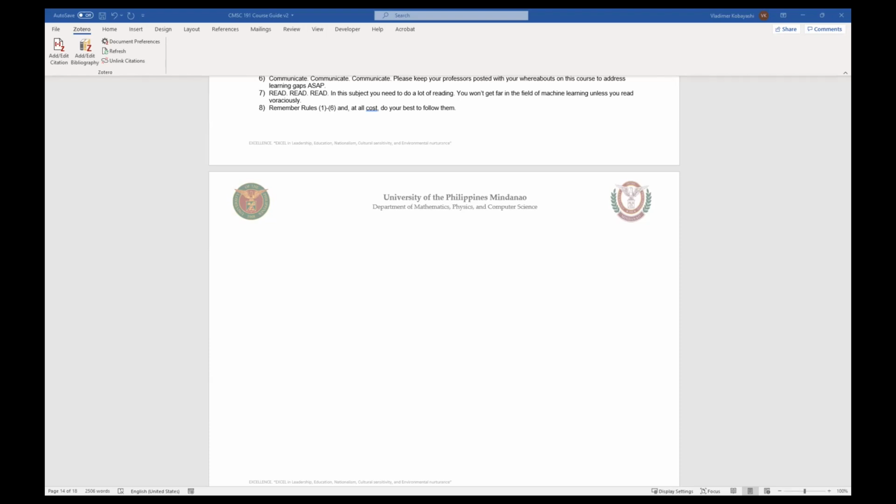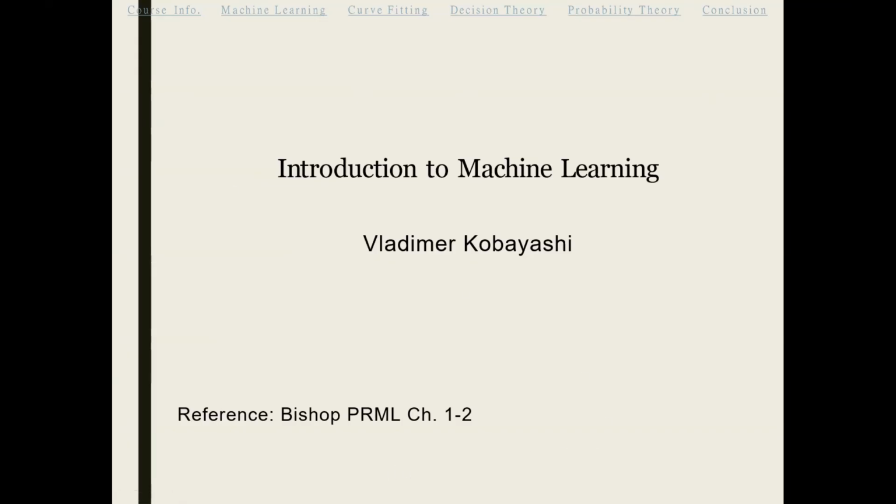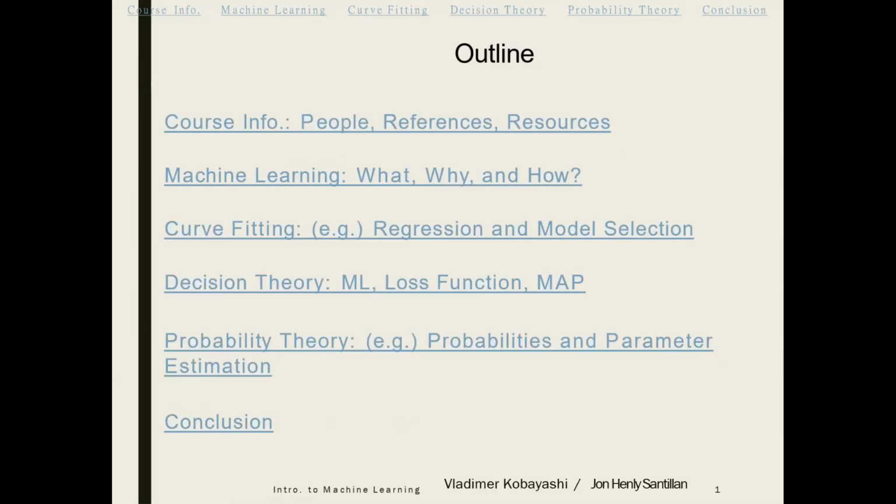Okay, so let's maybe have a lecture. I will share my slides. We will have a discussion on, of course, I already discussed the course info, so I will just skip that.